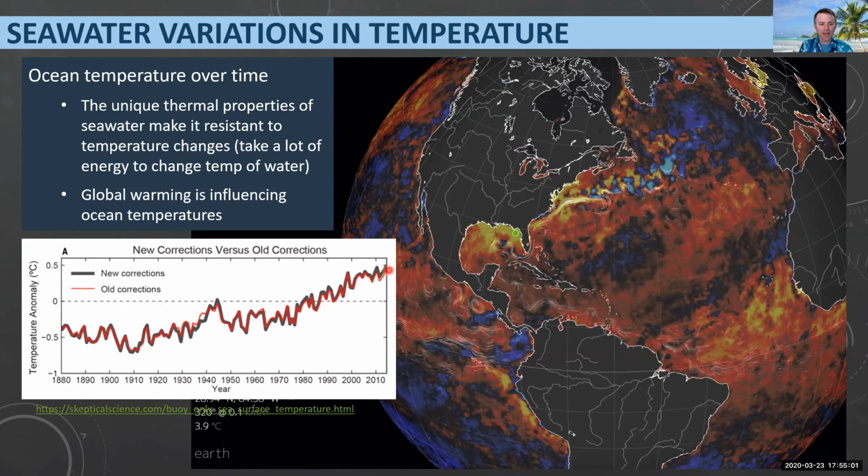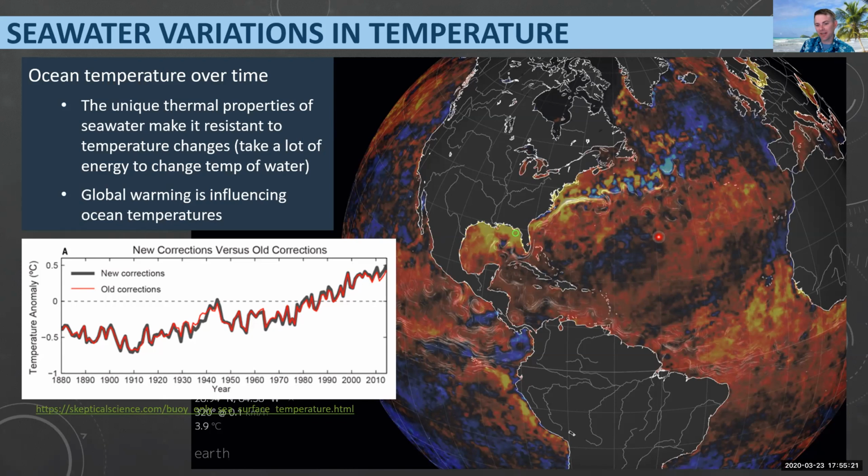And even though a half a degree Celsius does not look like all that much, a half a degree, big deal, right? Imagine how much energy the whole entire ocean had to absorb to raise the average ocean temperature by a half a degree. That is a lot of energy.